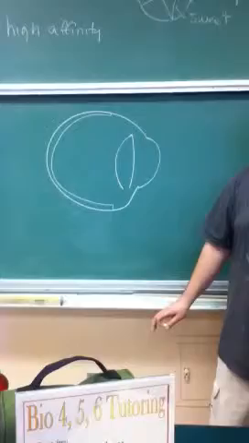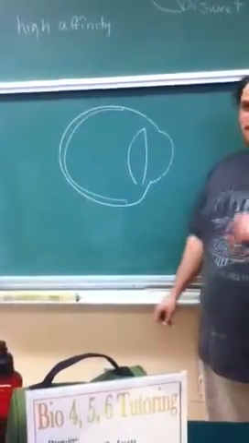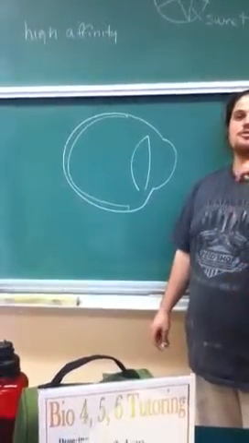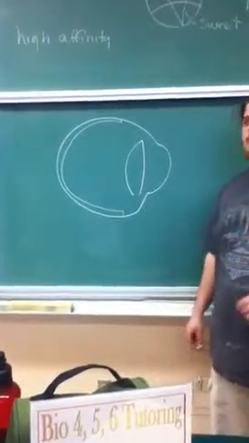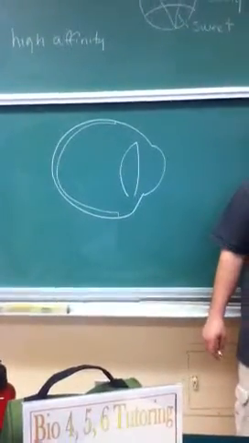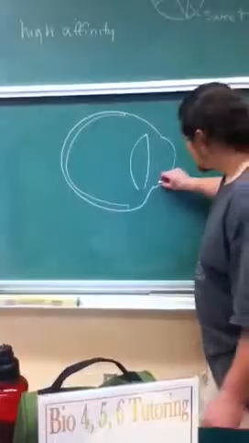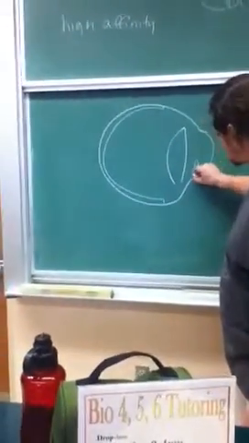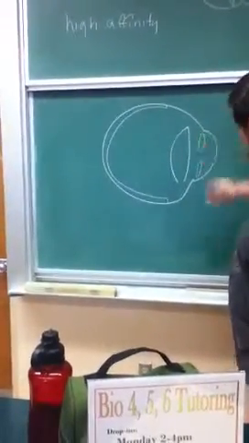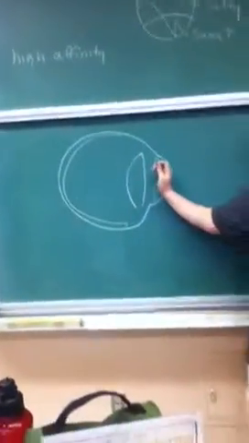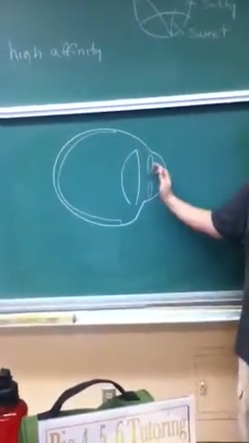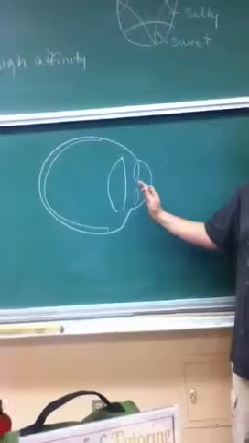Simple enough? Okay, now the anterior cavity is divided into two chambers. The posterior cavity is not divided into chambers at all. The anterior cavity is divided at the iris. So everything in front of the iris is the anterior chamber of the anterior cavity.